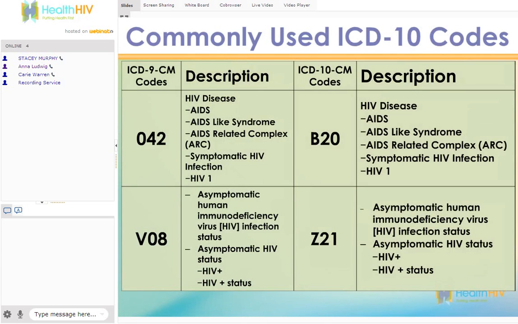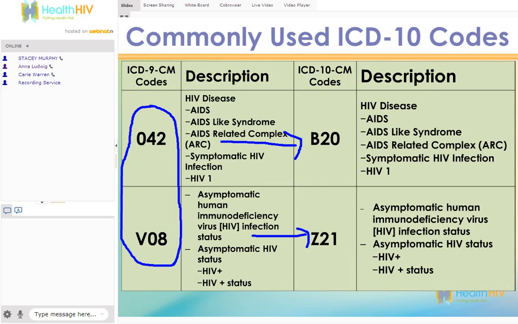So here are the codes that you are probably familiar with that were phased out on October the 1st. 042 for AIDS now became B20 for the ICD-10 reporting on or after October the 1st, and V08 became Z21.